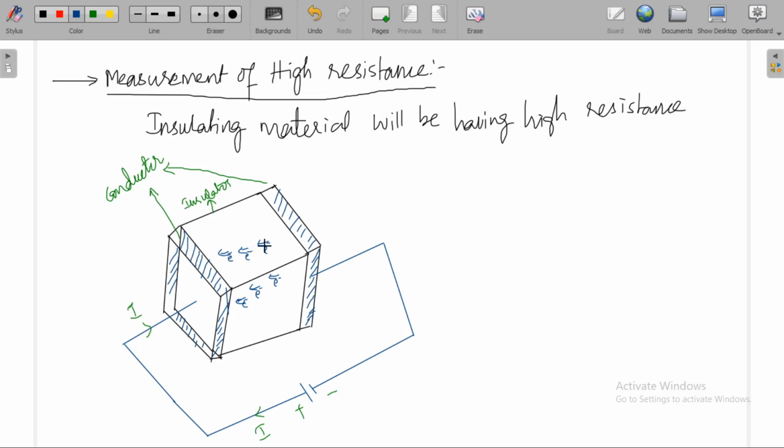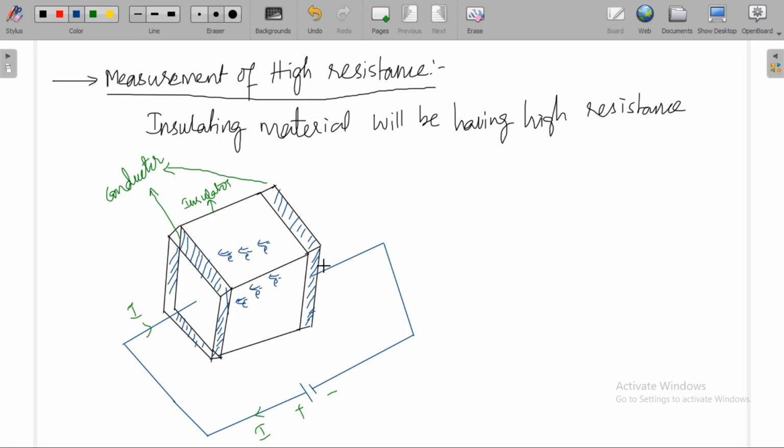These electrons are flowing through the volume of this insulating material, not through the surface.